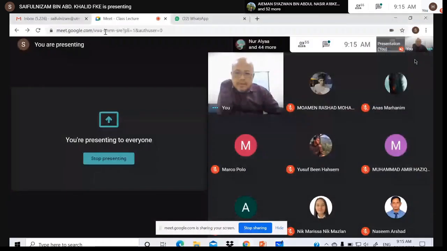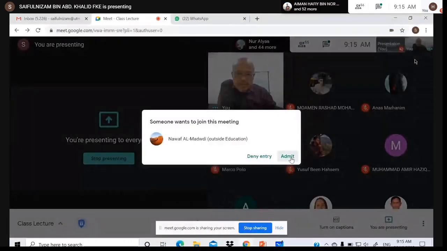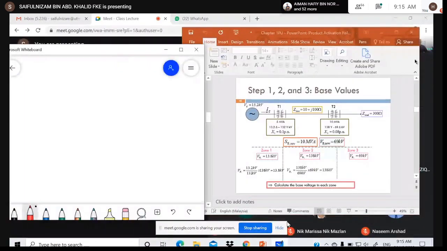Now we have to find the new per unit value for T1 and T2. You see, the X of T1 and T2 is given in per unit, not in actual value. So how to find the new per unit value?